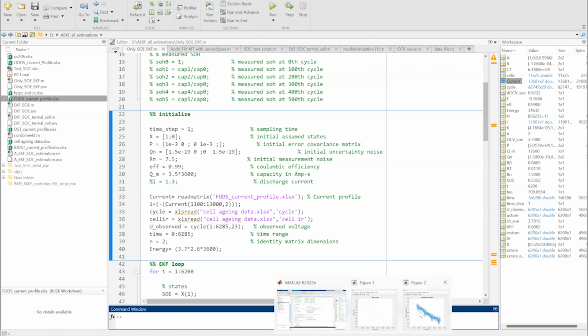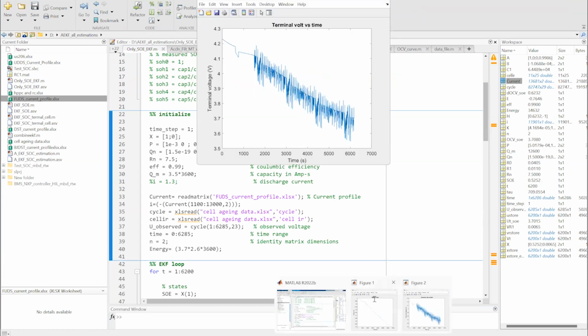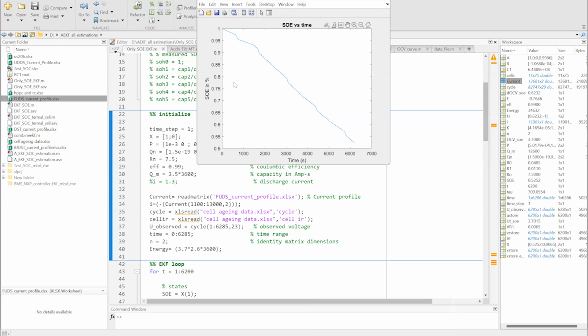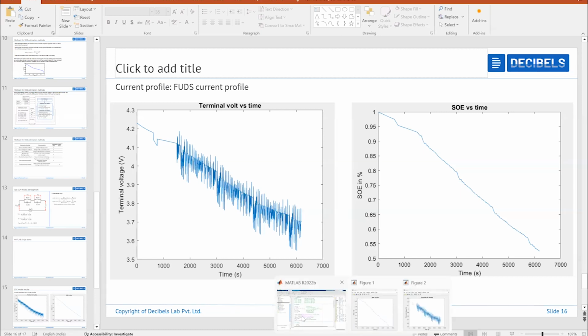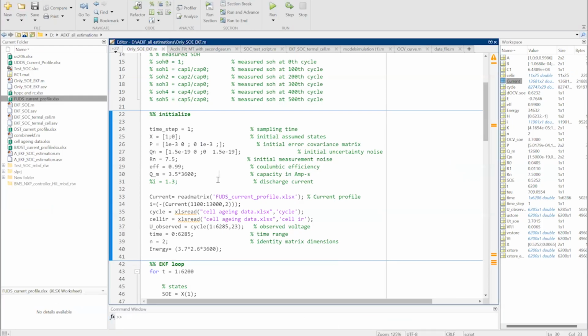Let me open the results. This one. Yes, so if I try to compare, the QM, okay, the energy has to be changed, right?